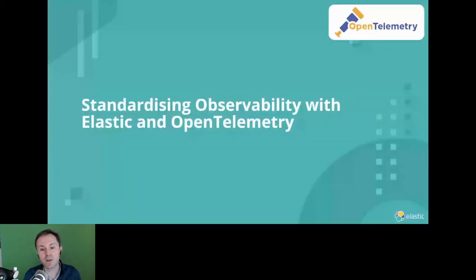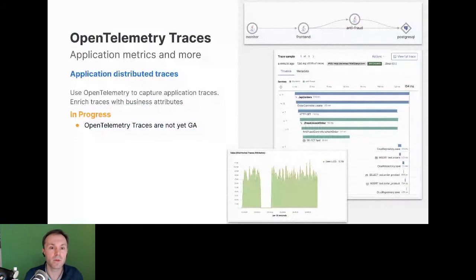So now, this was a presentation on how OpenTelemetry works, how you integrate with this. Now I'm going to present how we implement standardized APM with Elastic on OpenTelemetry. For this, I will show you how you can get OpenTelemetry traces.